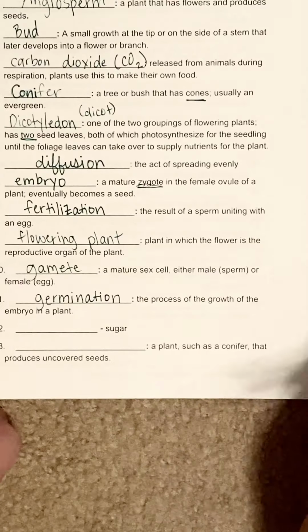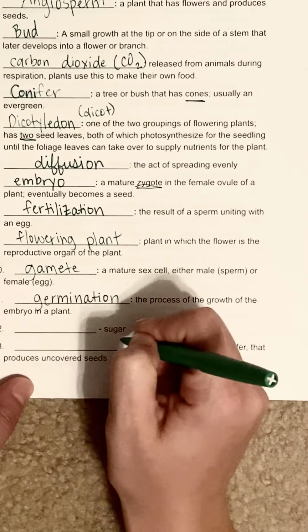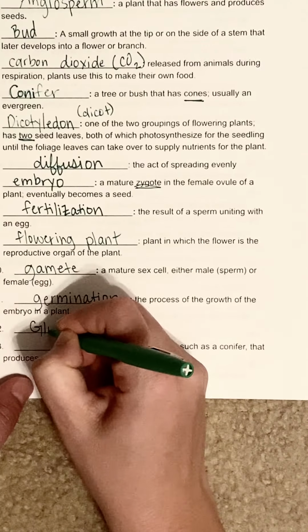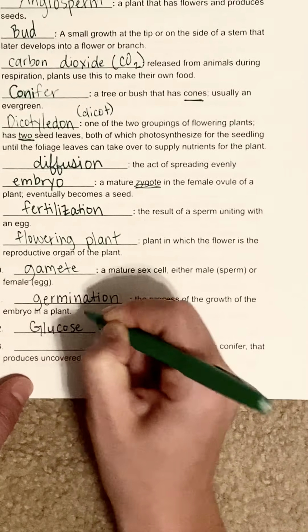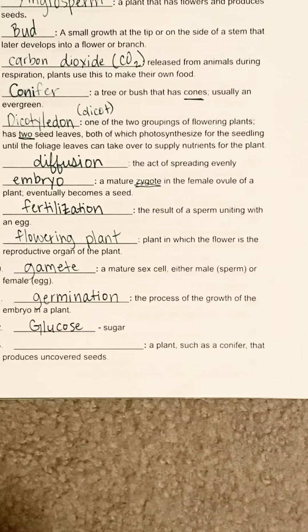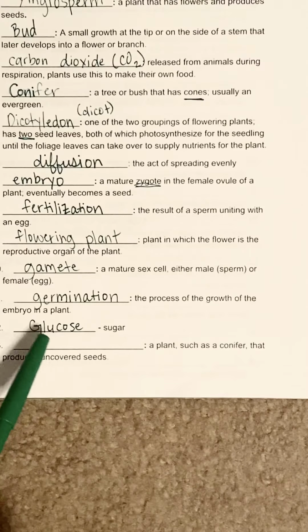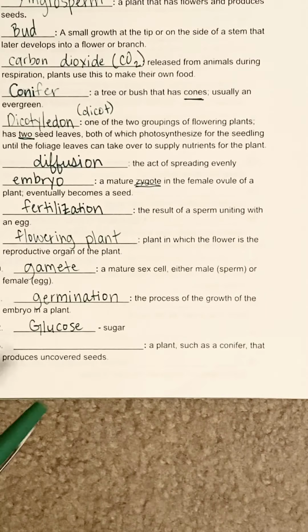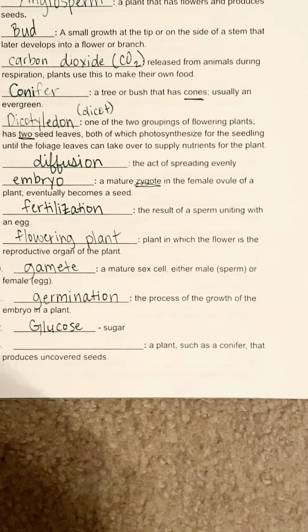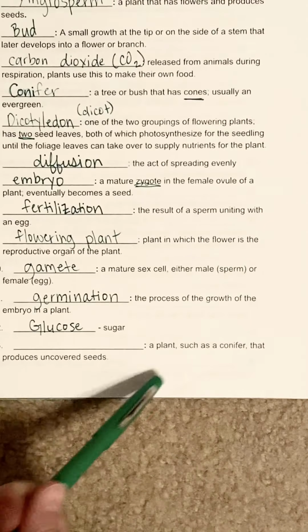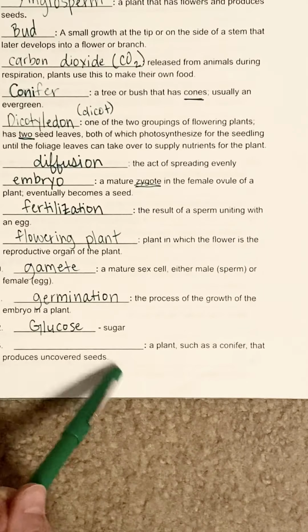Number 12, everyone should know this one by now. That's sugar. It's going to be glucose. Which, if you can email me the scientific formula for glucose, I'll be pretty impressed. Number 13, a plant such as a conifer that produces uncovered seeds.